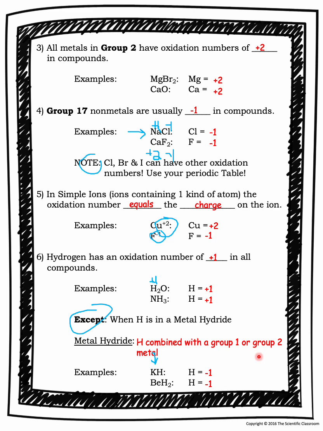Okay? So in this case, because potassium has a +1 charge, hydrogen would have a -1 charge. That is the only time that will happen. So you're not going to see that very often because metal hydrides are not very common. So if hydrogen is ever combined with anything from the first or second column on the periodic table, it doesn't have a +1 charge. Start with the metal from group 1 or group 2. But any other time in the entire universe, hydrogen has a +1 charge.